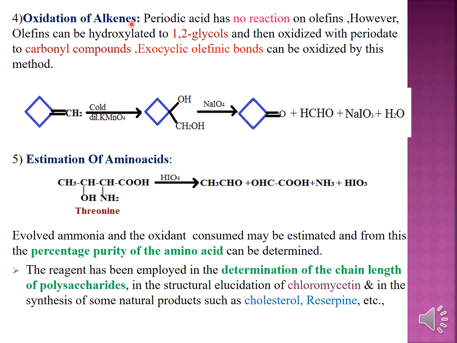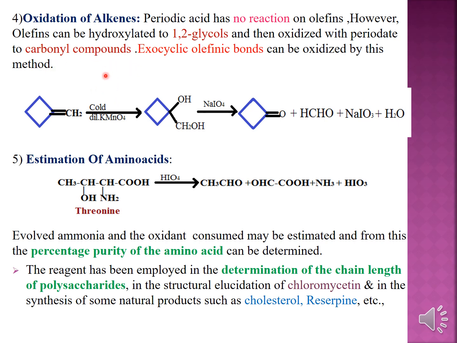In the oxidation of an alkene, just go through the points over here. In general, I'll explain this reaction. If we are taking the exocyclic olefinic compounds, these olefinic bonds are affected rather than the alkenes present inside, that is the endo-olefinic structure. For example, the cyclohexene compound will not have any effect upon treatment with periodic acid.